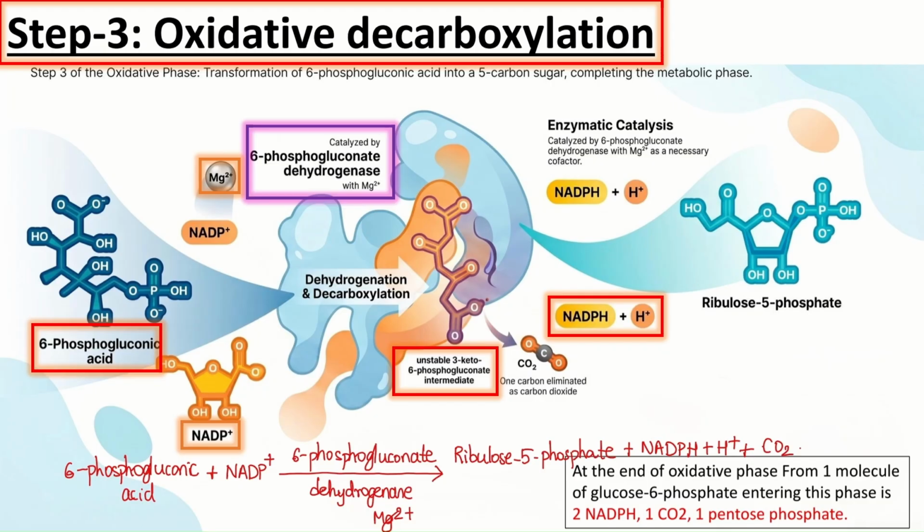The 3-keto-6-phosphogluconate, that is the intermediate which is formed, is very unstable and spontaneously undergoes decarboxylation. Finally, it forms the 5-carbon sugar molecule, that is ribulose 5-phosphate. So, at the end of the oxidative phase, from one molecule of glucose 6-phosphate, we get 2 NADPH, 1 carbon dioxide molecule, and 1 pentose phosphate.